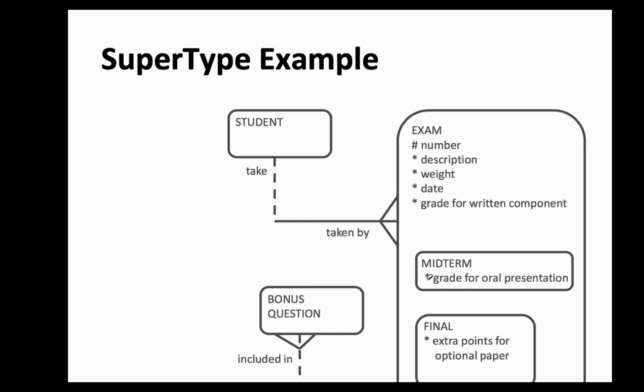This attribute is only mandatory for the subtype midterm. It will not be part of exam, it will not be part of final, or it wouldn't be part of quiz. This attribute, extra points for optional paper, is only part of the final subtype, okay?